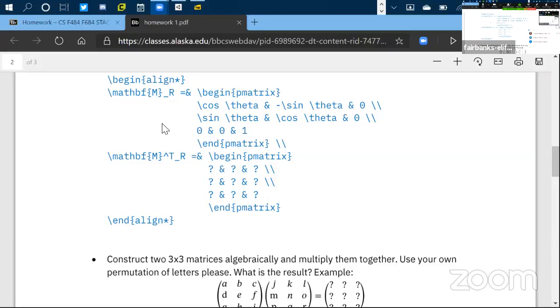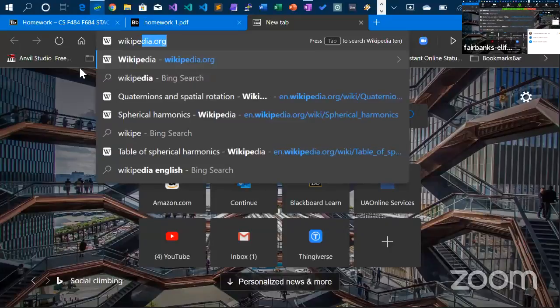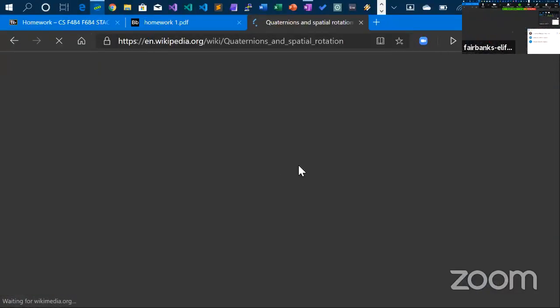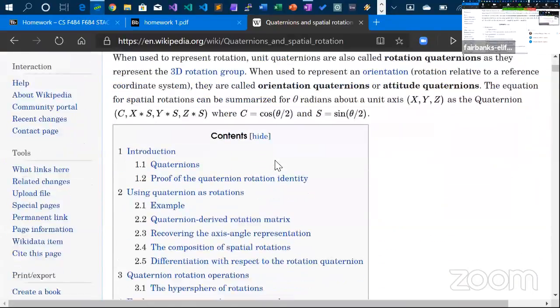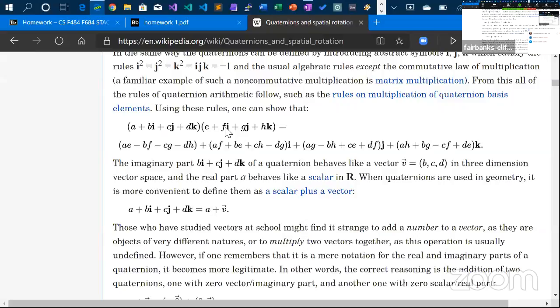Another thing you can do is if you're on Wikipedia, and say you're looking at quaternions or something, and you're like, wow, they have a really awesome formula I can start out with, right? Like say this one. This kind of gets you a head start.